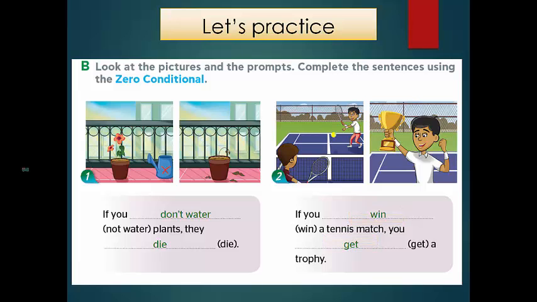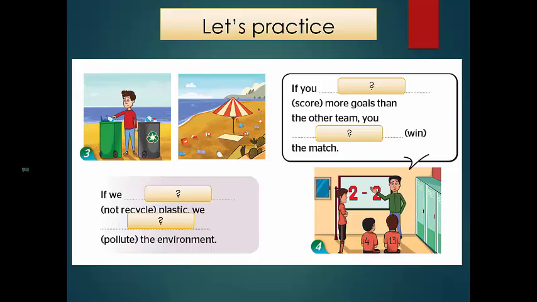Yes, as simple as that. Number 3, if you don't recycle plastic, you pollute the environment. Number 4, if you score more goals than the other team, you win the match.